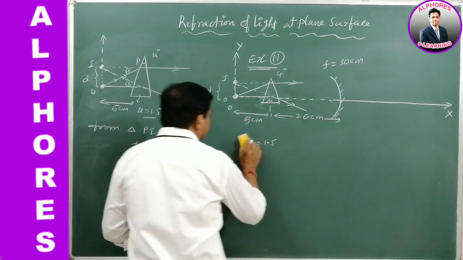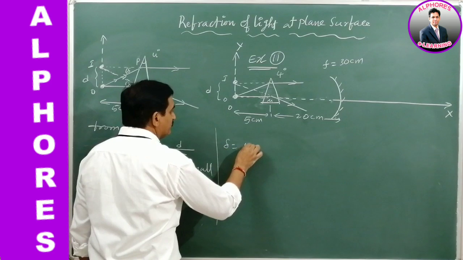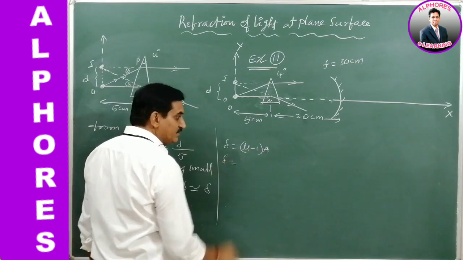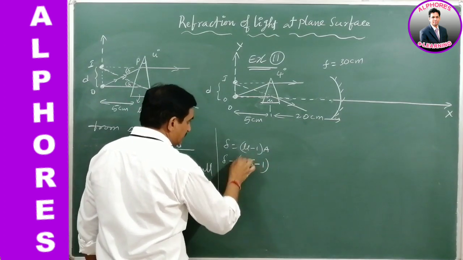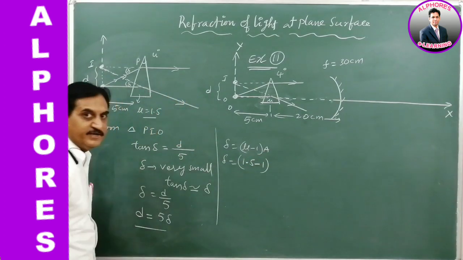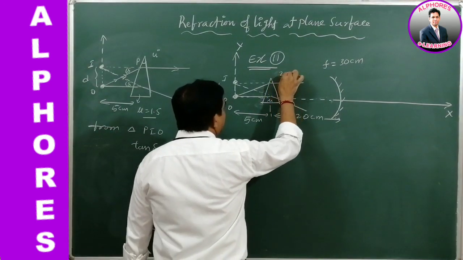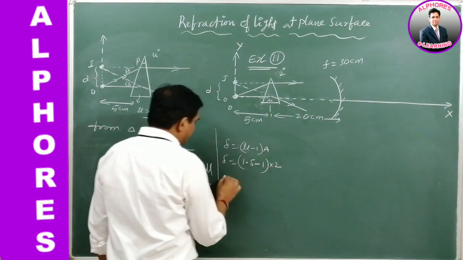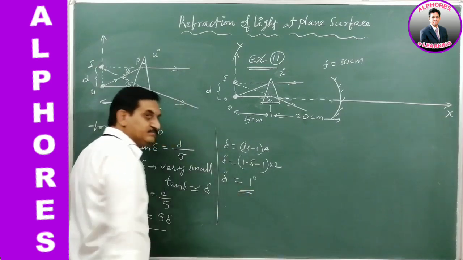So, let us go for it. What is the deviation suffered? Delta is equal to (mu minus 1) into A. So, delta is equal to 1.5 given, minus 1, into A. A is the apex angle, I think it is given as 2 degree. Therefore, the deviation delta is equal to 1 degree.